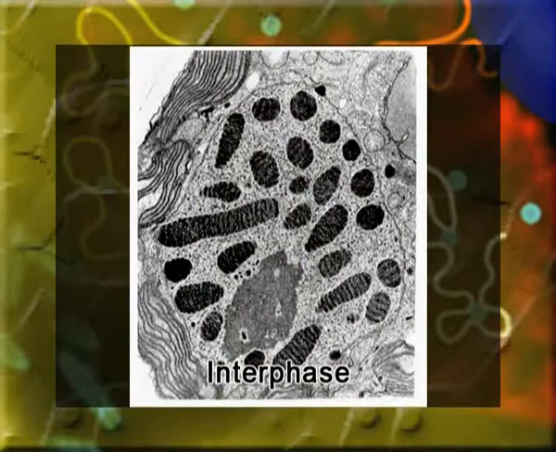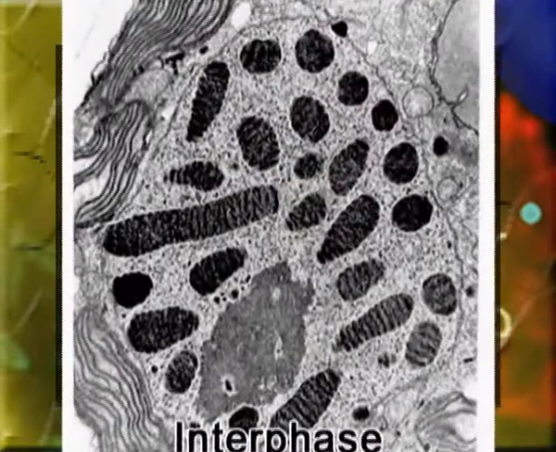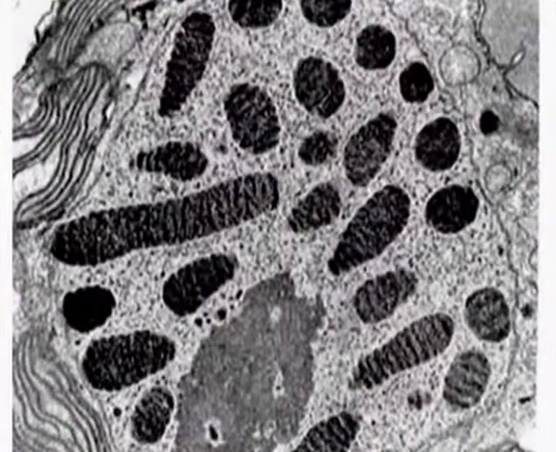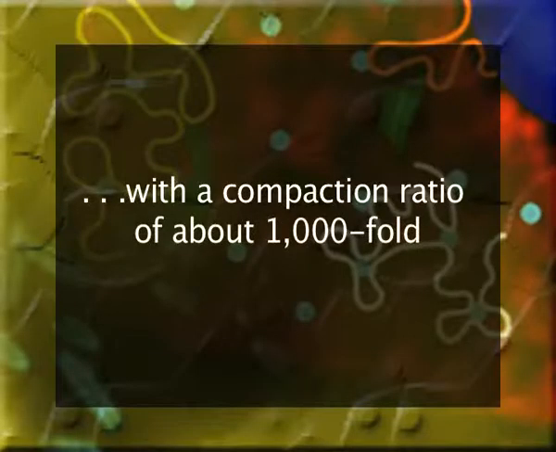The DNA of interphase chromosomes, although less condensed than that of mitotic chromosomes, is packed tightly with a compaction ratio of about 1000-fold.